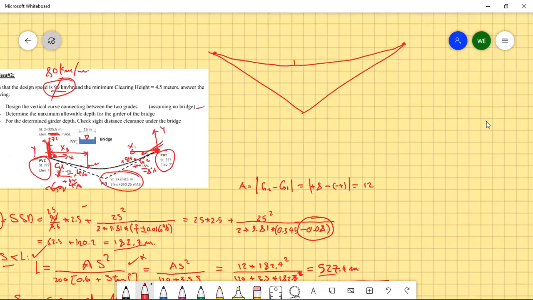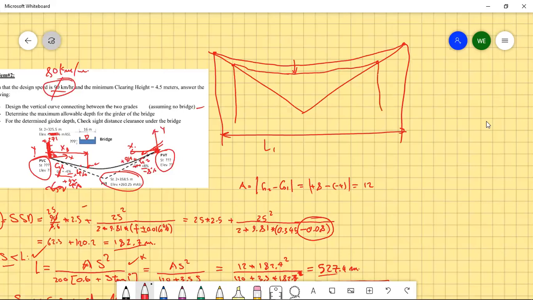If we want to bring this down, what we need to do is basically use a shorter length. That was the beginning or the initial length, L1. If we reduce the length, we bring it down.